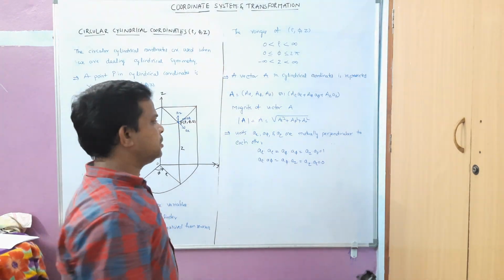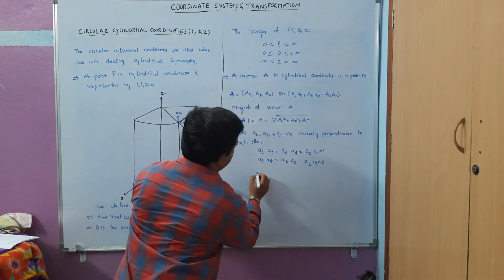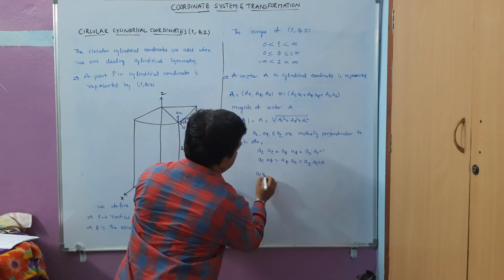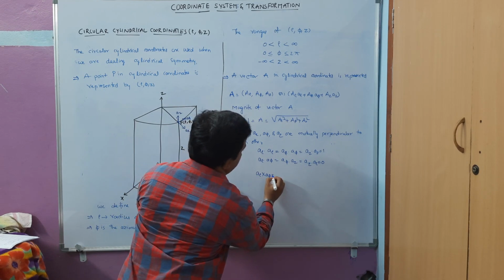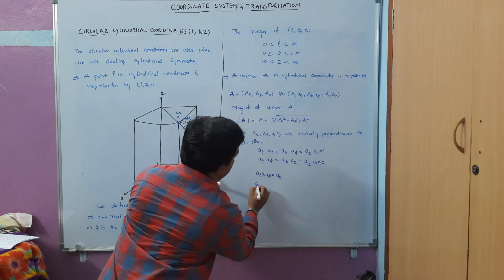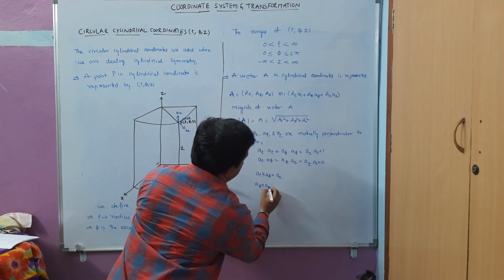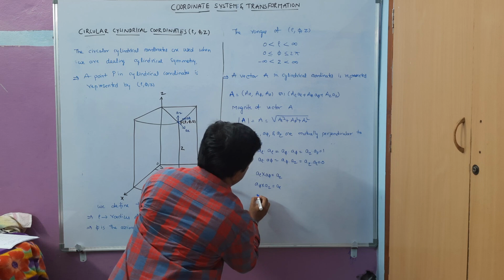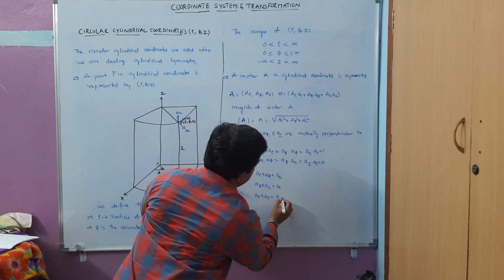And similarly we can take the cross product of the unit vectors here. A rho cross a phi is always a z, and next a phi cross a z is always a rho, and a z cross a rho is always a phi.